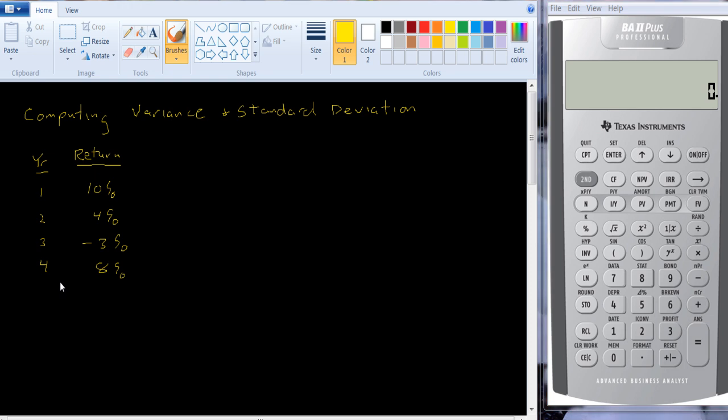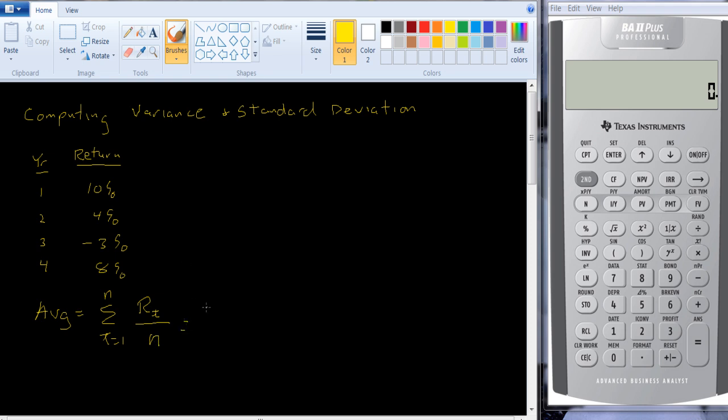We want to figure out how spread out these observations are around their average value. So the first thing we want to do is compute their average value. So how do we do that? The average is going to be equal to summing up from t equals 1 to n RT, which is the observation or the return in period t, divided by the number of observations.